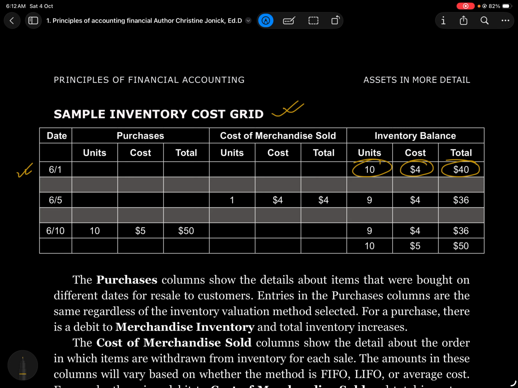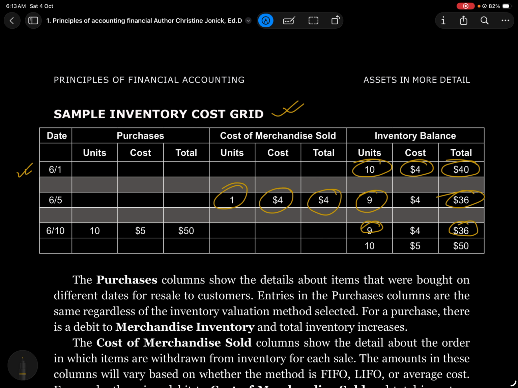We sold 1 unit out of it. So of course, cost will be 4. Our inventory balance is 36 now. If we purchase something, we are going to add the units, right? But what we would do is keep it separately.